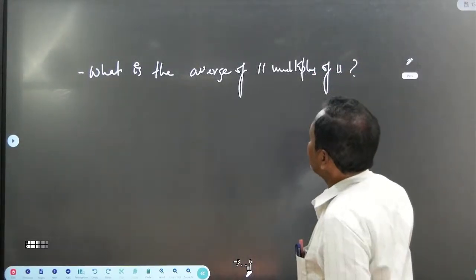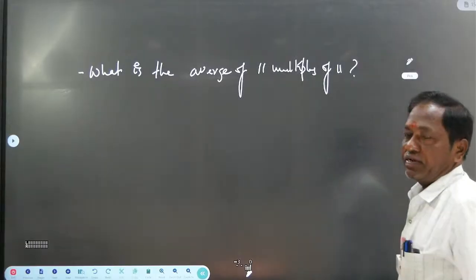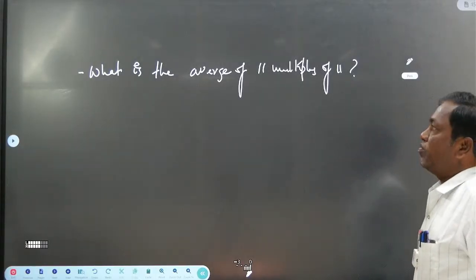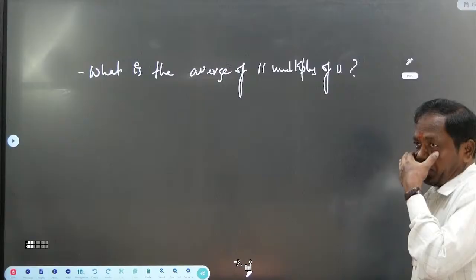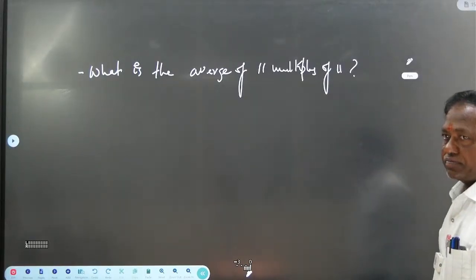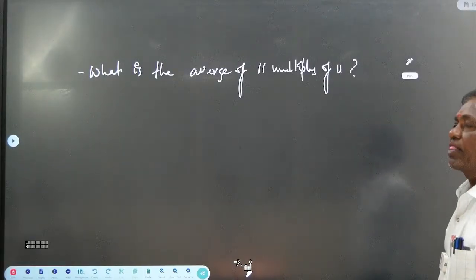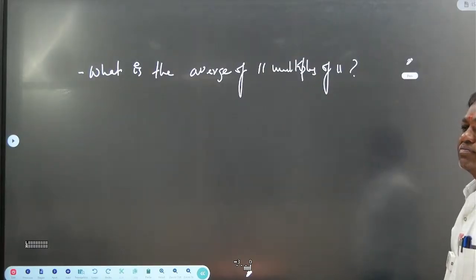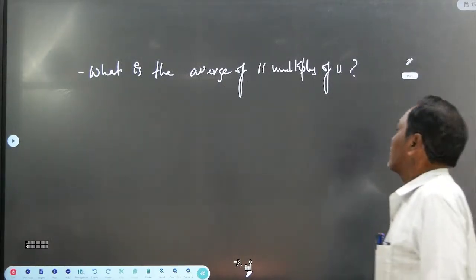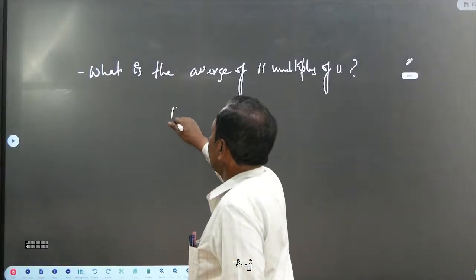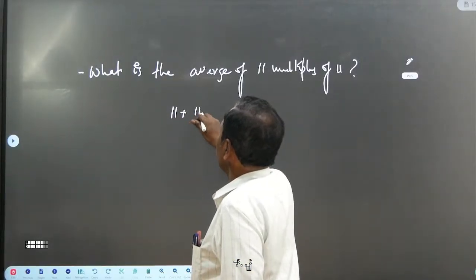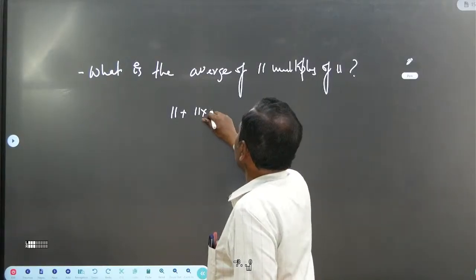What is the average of the first 11 multiples of 11? First multiple is 11, last is 11 into 11.